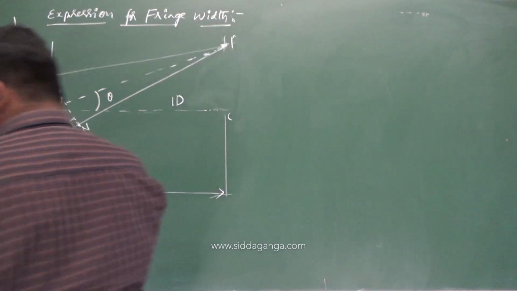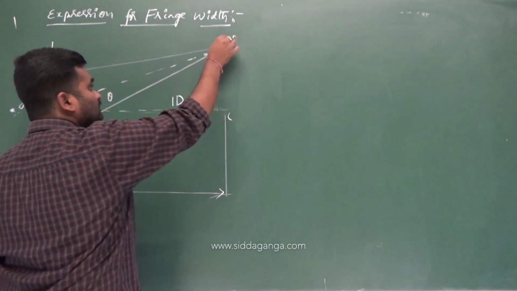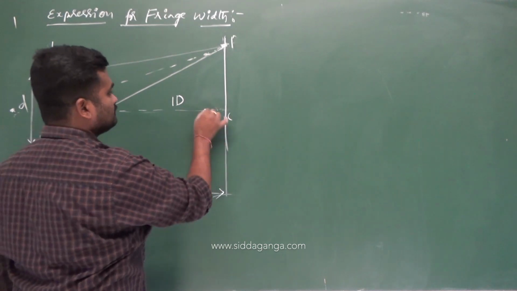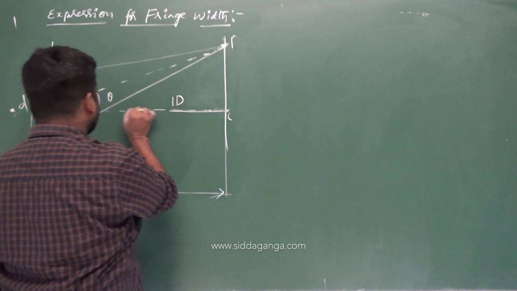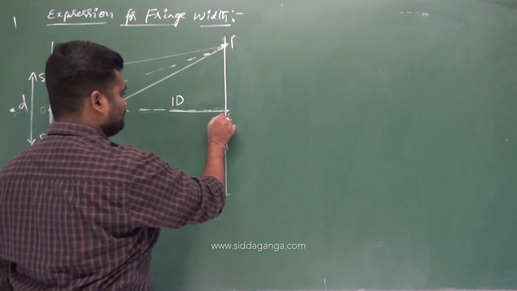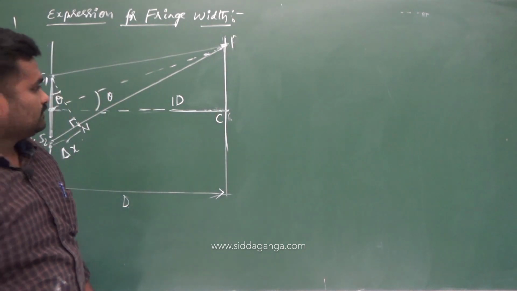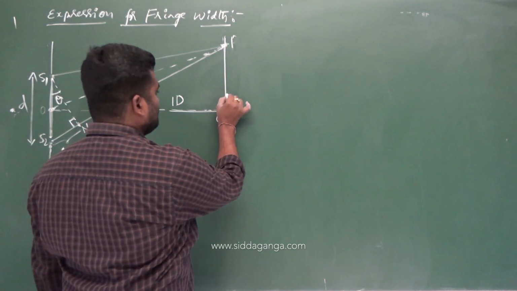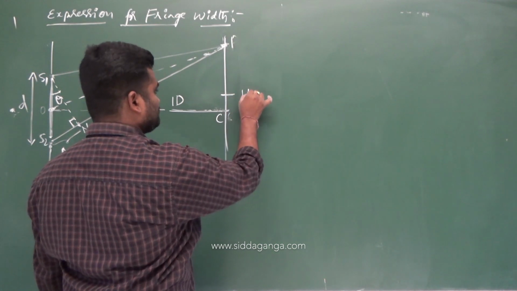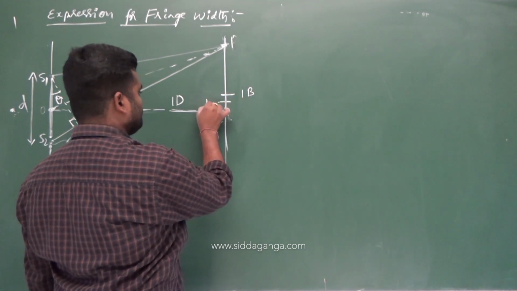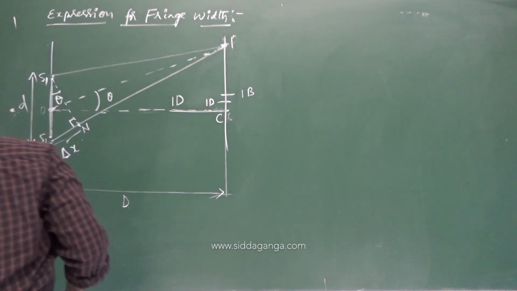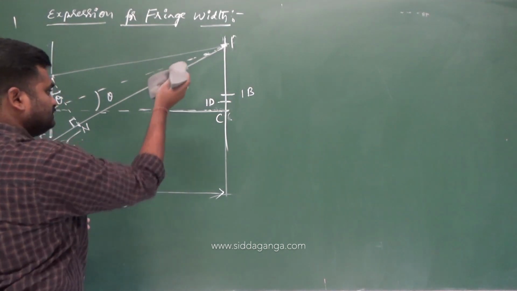Now, see here, this is the central fringe we have seen. So, if you see, what is this? I will take this one as first bright, and what is this one? First dark, first bright and first dark.